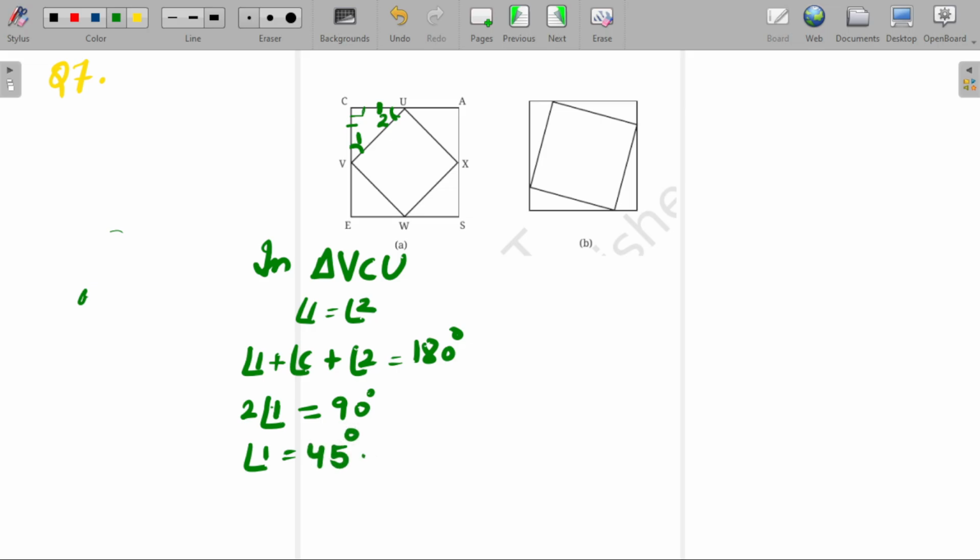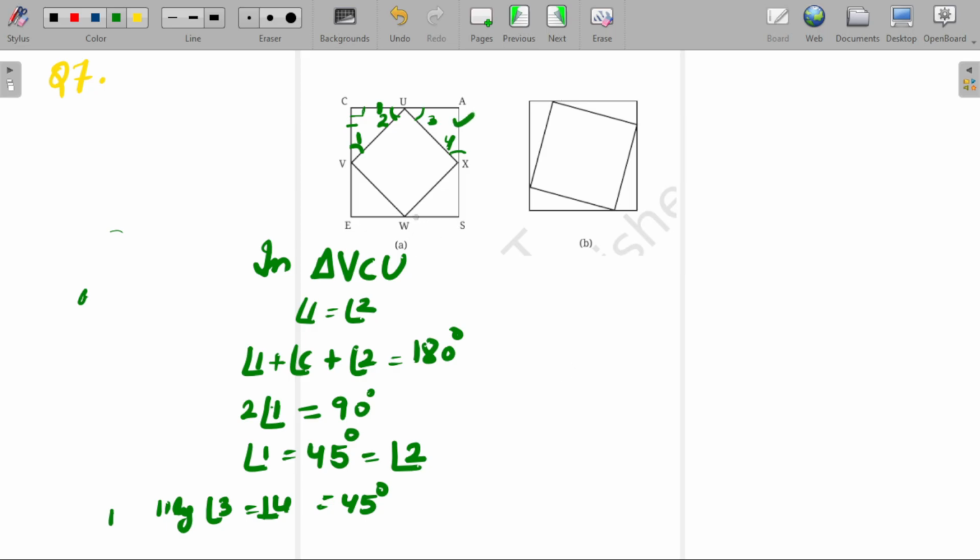If angle 1 is 45, then automatically angle 2 will also be 45. Similarly, angle 3 and angle 4 are also 45 degrees if we choose triangle AUF. So you get this also, okay?